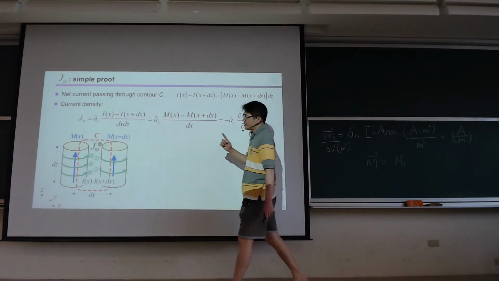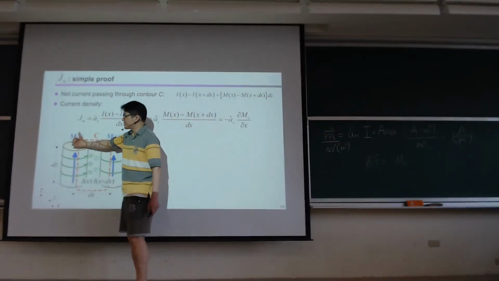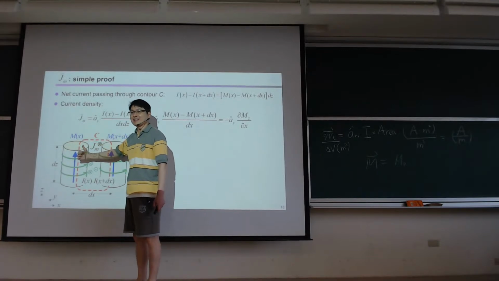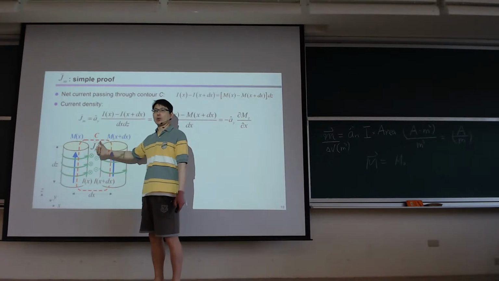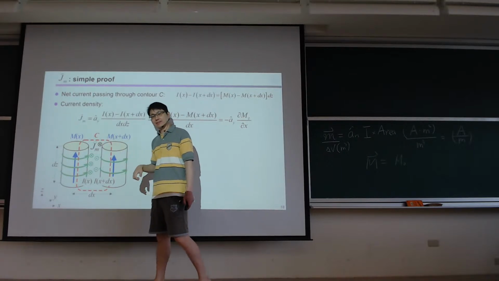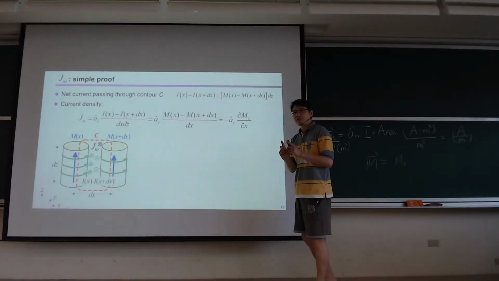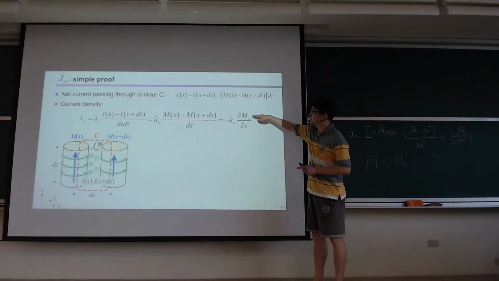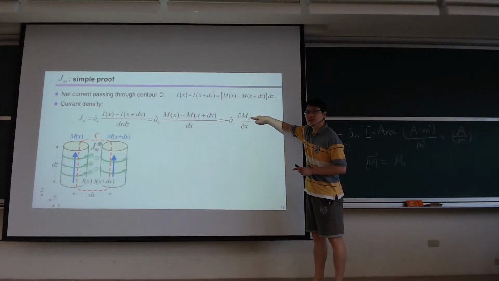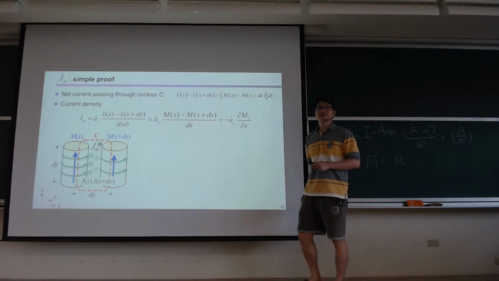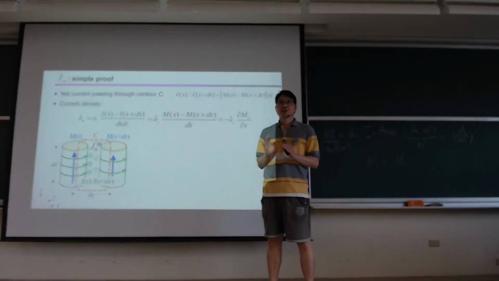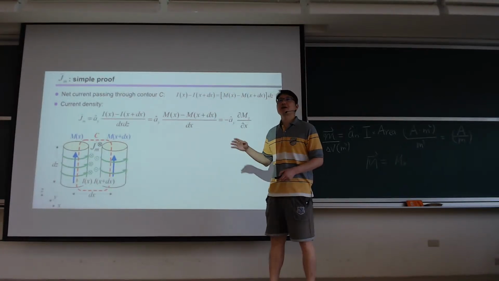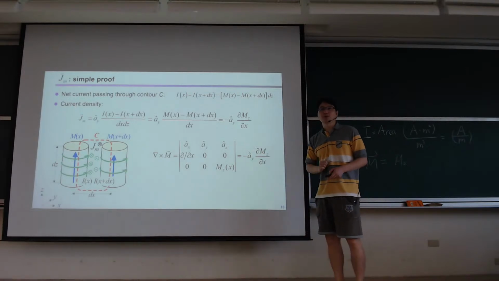But remember, M of x and M of x plus dx are oriented in the z direction. So you're performing partial differentiation of the z component of M with respect to x. This is not a simple derivation, okay? But it conforms to the curl operation.